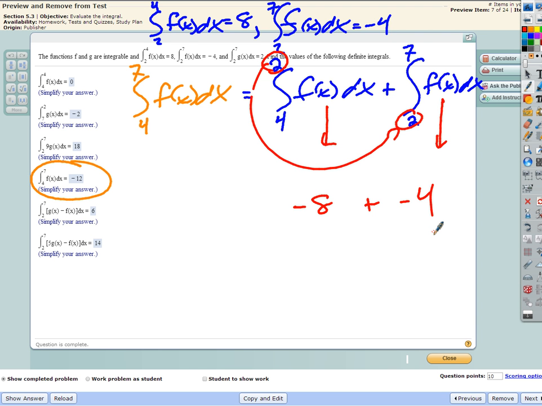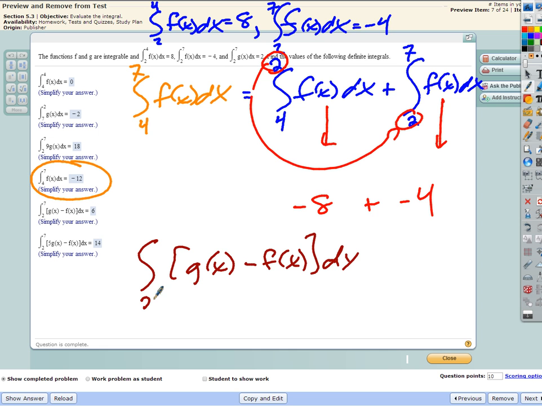And then they have some other ones down here, and these really aren't as big a deal. They have some of these where they do things like, what about this guy right here? They have the integral of g of x minus f of x dx from 2 to 7. The only point they're making here is the very simple and obvious property of integrals that says I can split that up into two separate integrals, right?